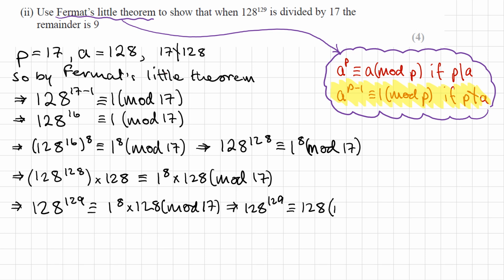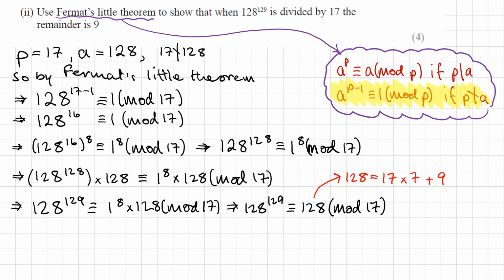So now we're going to work out the least residue or the remainder when we do 128 under modulo 17. Now 128 is actually equal to 17 times 7, so 17 goes into 128 7 times, with a remainder or a residue of 9, because 7 times 17 is 119, then 119 plus 9 gives you 128.